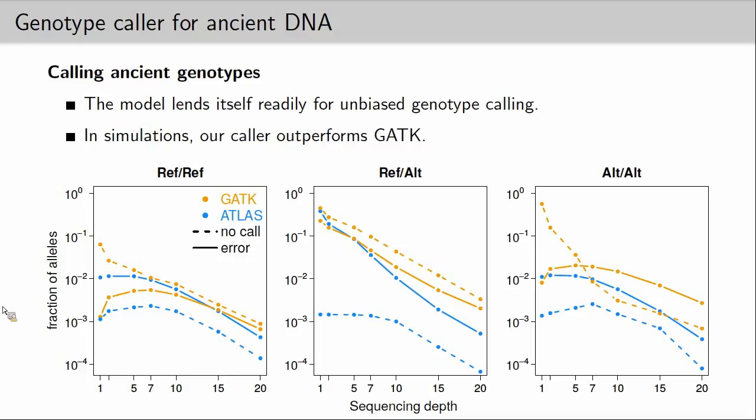We see, interestingly, our caller does not seem to have a reference bias. So if you compare our line here for reference homozygous calls or alternative, we see exactly the same pattern, while GATK clearly has a reference bias. So you're making many fewer mistakes if the true genotype is reference than if the true genotype is alternative. So the only way by which GATK is beating us here on the reference is actually by calling too many things reference, okay?